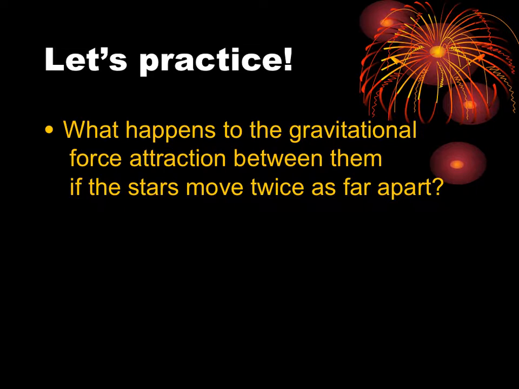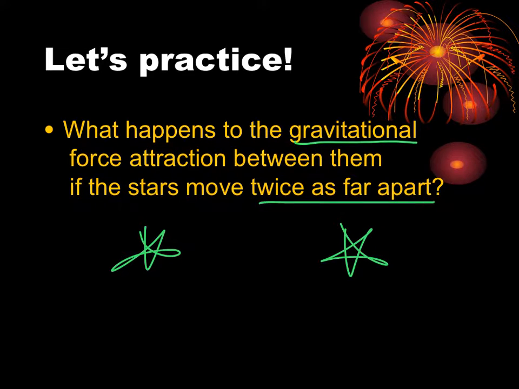So let's do a little application with the relationship between gravity and mass and distance by looking at these practice problems. So I'm telling you here that we have two stars that are equal mass, 10 million kilometers apart. So I'm asking what's going to happen to their gravitational force if they start to move twice as far apart.